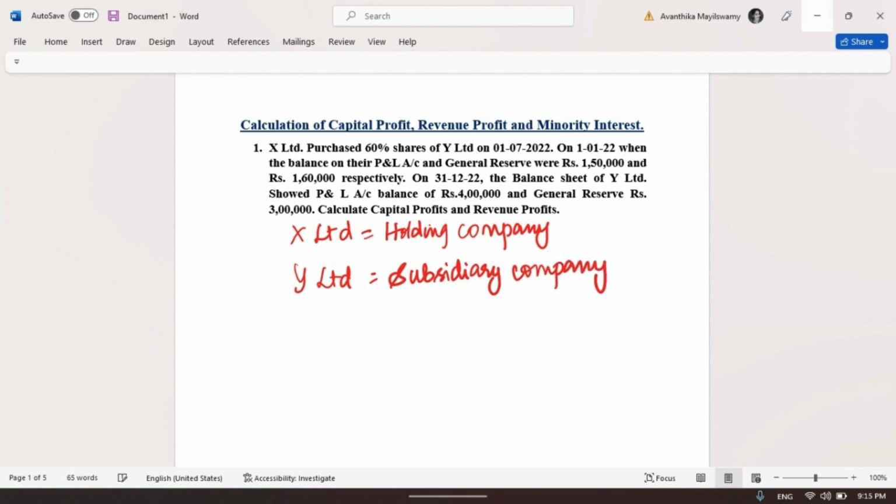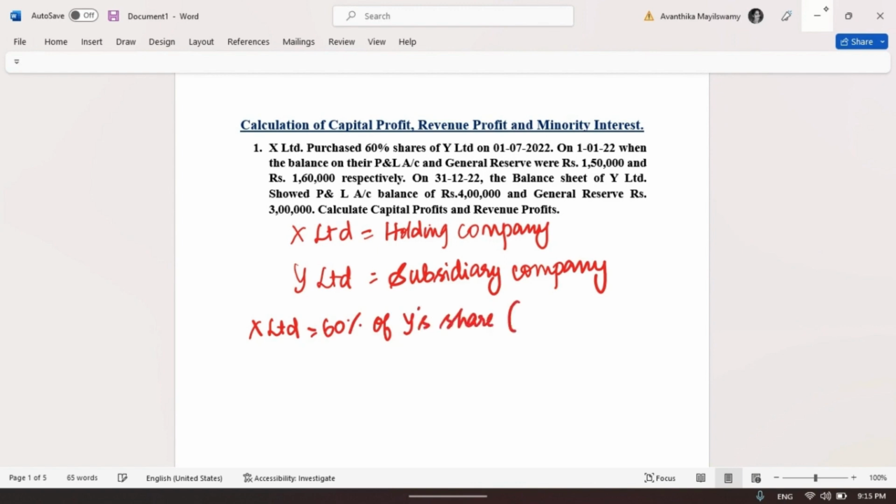And Y Limited is not a wholly owned subsidiary since X Limited has purchased only 60% of the shares of Y Limited. So X Limited holds only 60% of Y's shares.